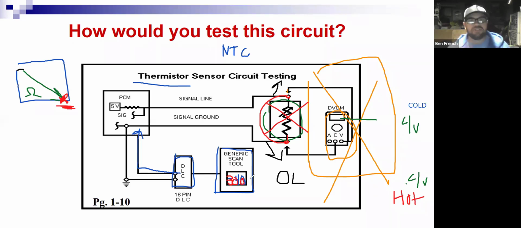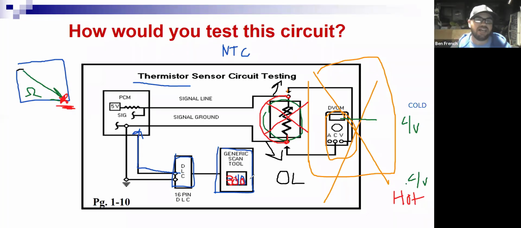So with a little bit of circuit knowledge, I could bypass messing around with my multimeter. Why? Because if I unplug the sensor, I should see my scanner say, boom, the temperature went way down. It's freezing cold outside, right? It went really, really cold. And then when I jumper the sensor connector, now it should say I'm smoking hot.